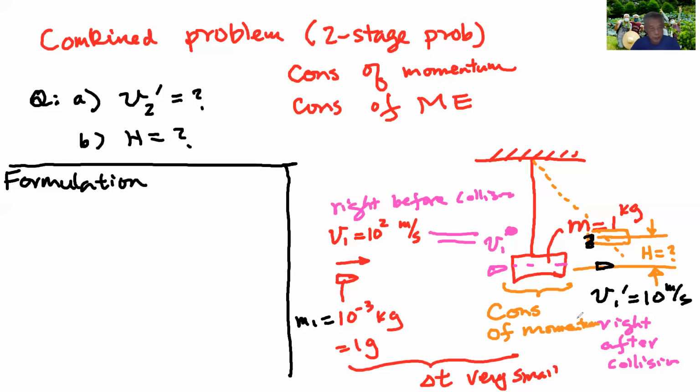Okay, so that's stage one. So I'm going to call that stage one, and you have conservation of momentum. I'm just going to shorten it to COM. Conservation of momentum problem. All right.